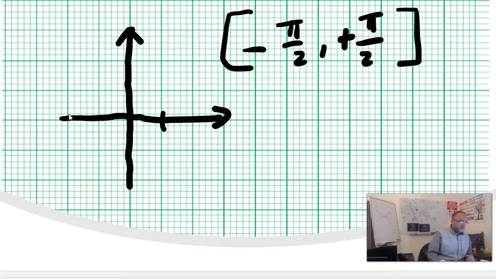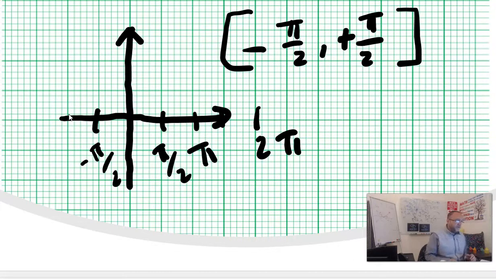So if I am to draw y equals sine of x, this is the 2 pi, this is the pi, this is the pi over 2, and this is my minus pi over 2, okay? Because I want to take it from both ends, before the 0 and after the 0. So a regular y equals sine of x goes like this, right?